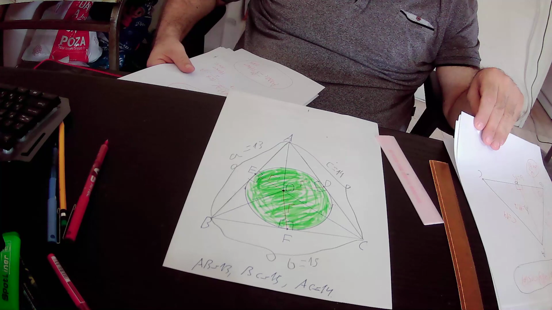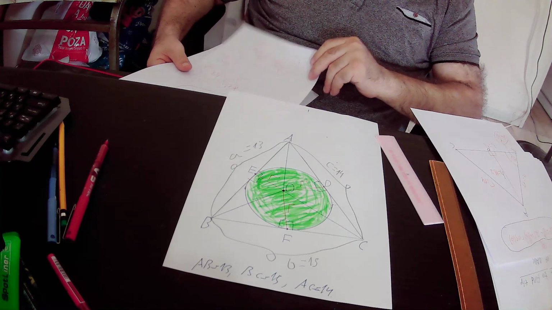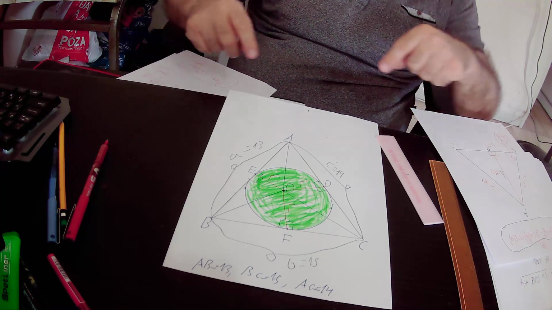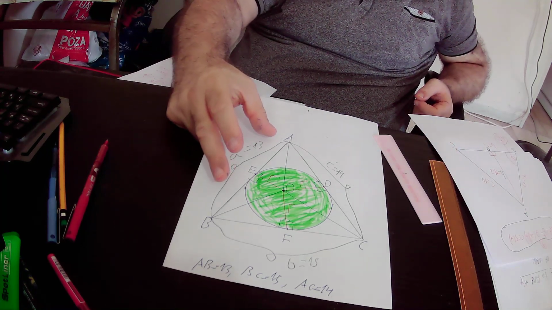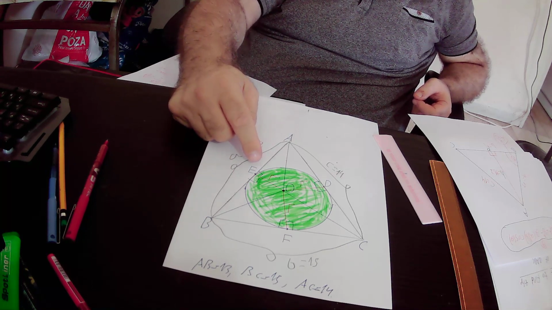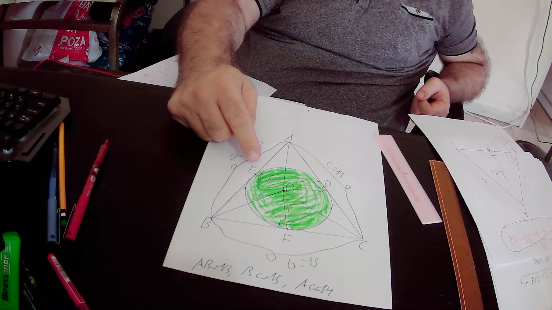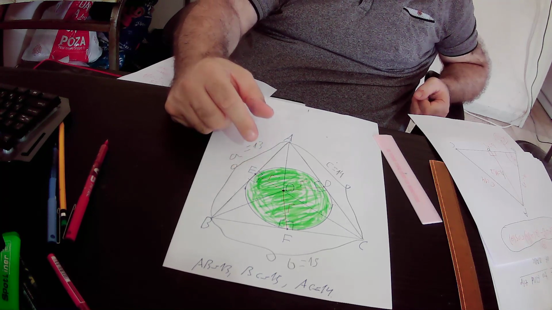And we know that side AB of triangle ABC is tangent to the green circle at point E. Point E is the touch point between the tangent AB and the green circle.